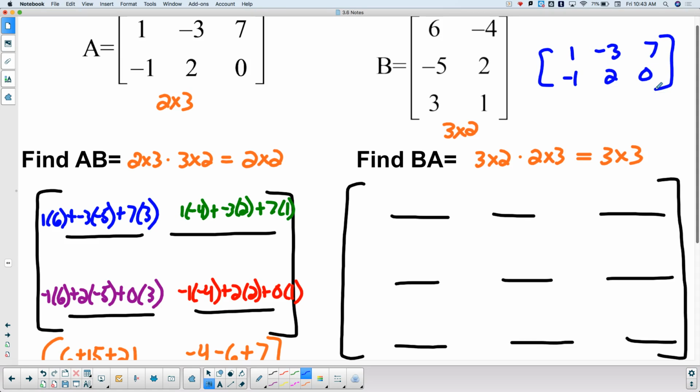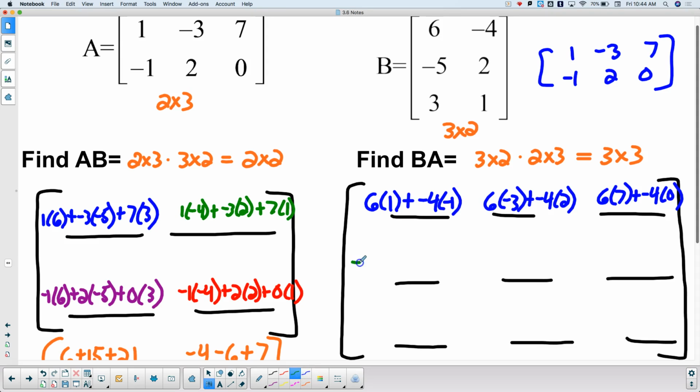So that's going to be 6 times 1 plus negative 4 times negative 1. 6 times negative 3 plus negative 4 times 2. 6 times 7 plus negative 4 times 0. Negative 5 times 1 plus 2 times negative 1.